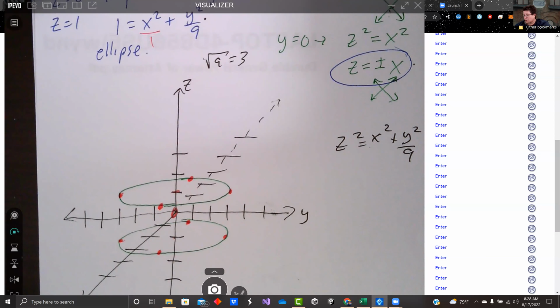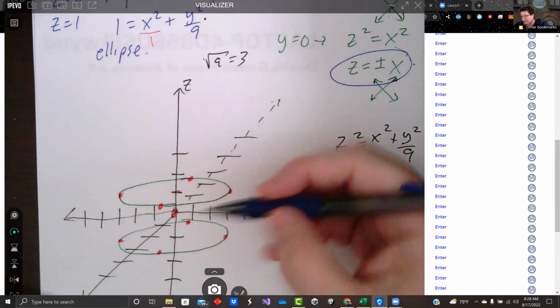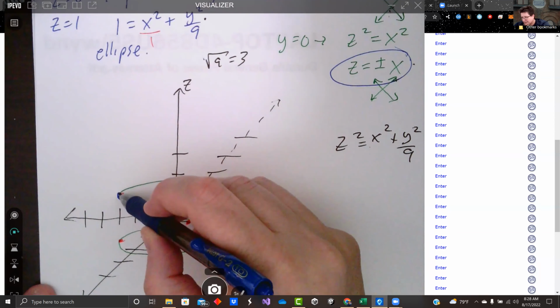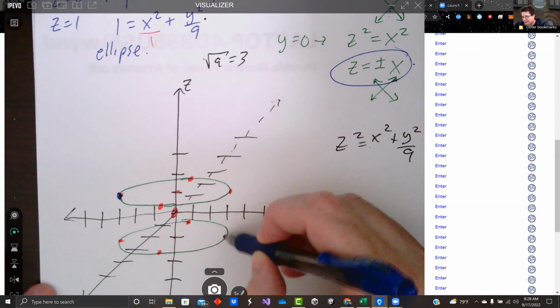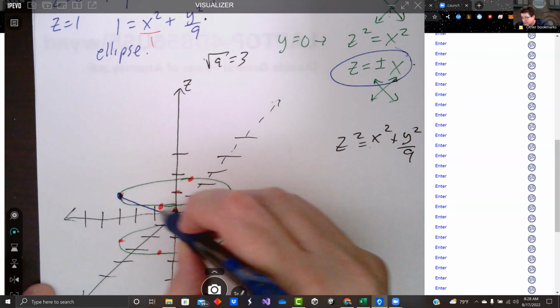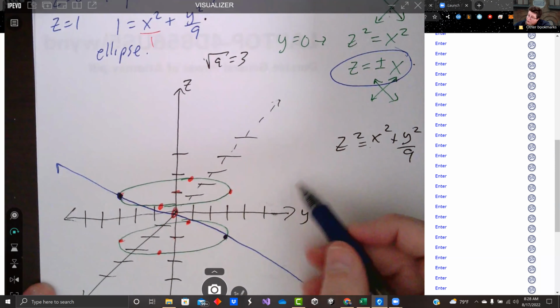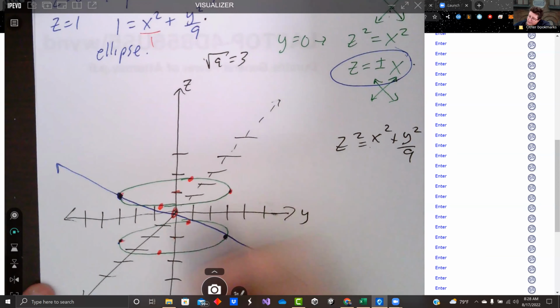All right, and we know they come into a point. So this point should pass through the origin and come out to this side, just like this point and this point, they're opposite sides of the graph. I'm leaving X alone.